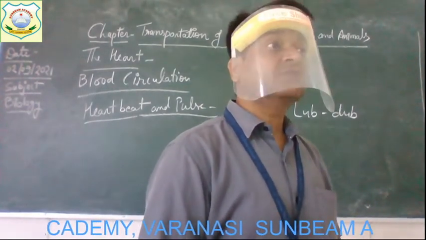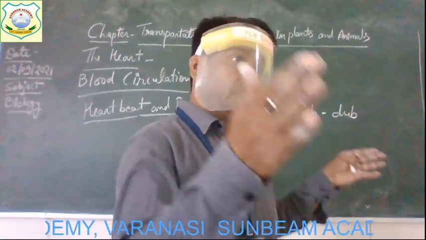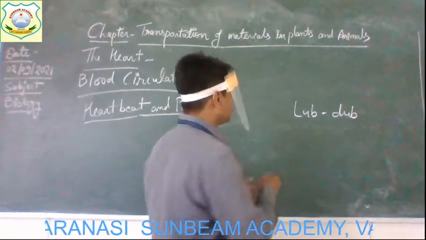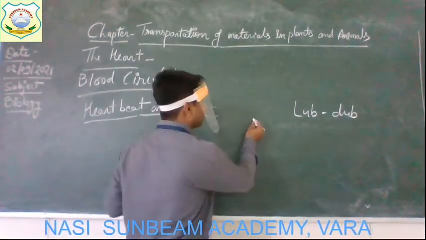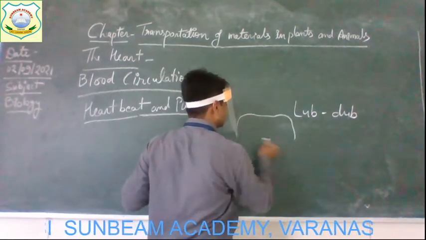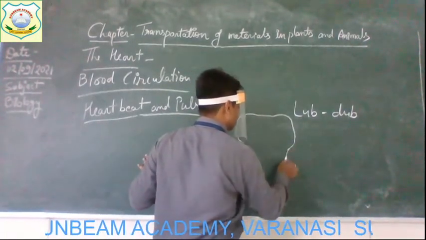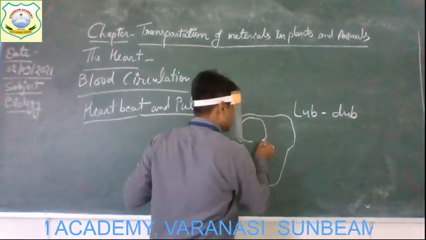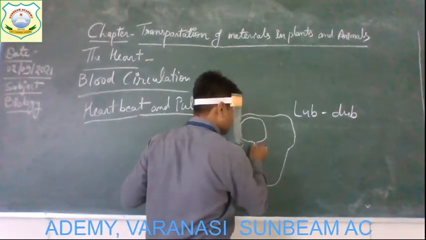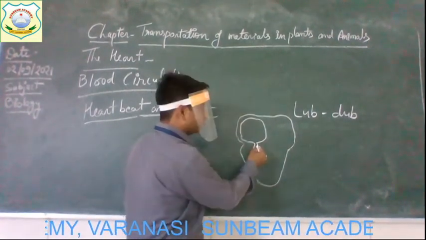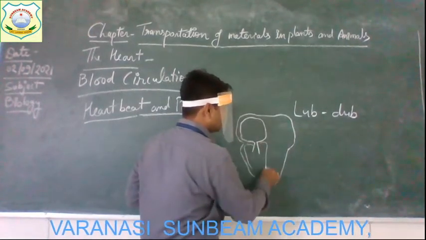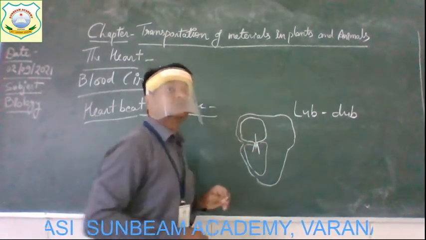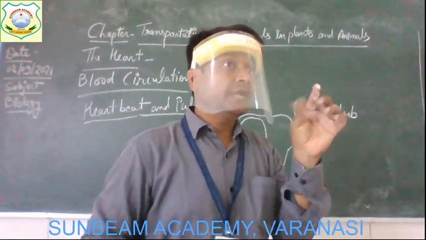Why does this sound come when the auricle contracts? The auricles have valves. Let me draw the diagram once again. This one is the auricle. So this auricle has a valve, this valve is narrow, it creates a sound.